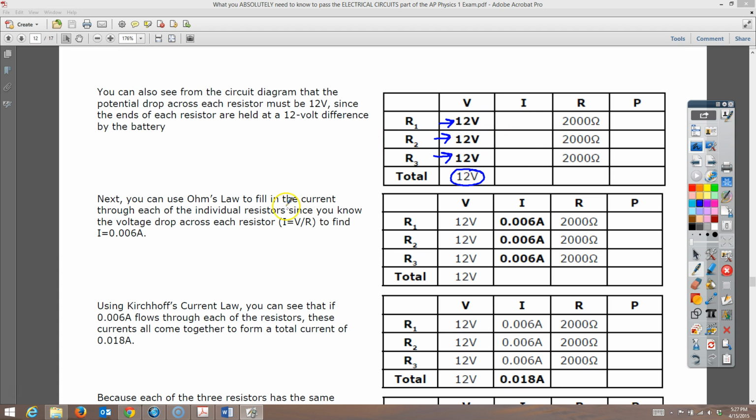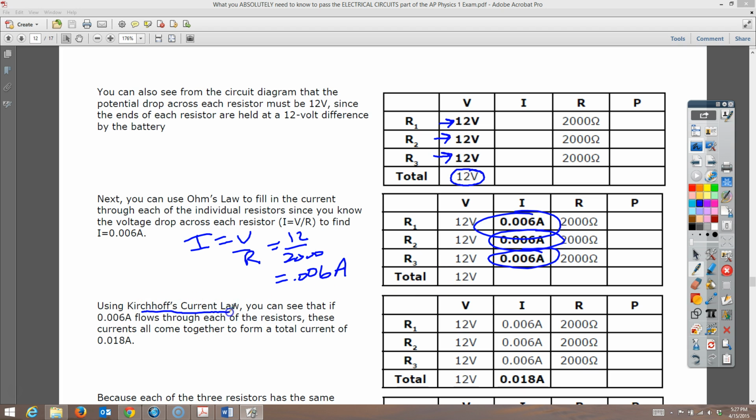So the current from our equation I is equal to V over R would be 12 divided by 2000, and you end up with 0.006 amps. You'll see in this table we've got that 0.006 amps. They're all the same because our resistance is the same. If the resistances aren't the same, obviously these are not going to be the same.